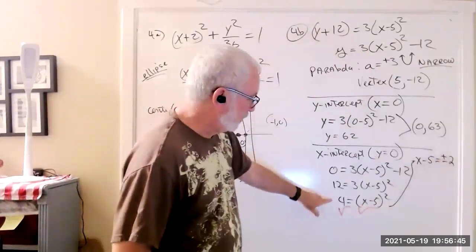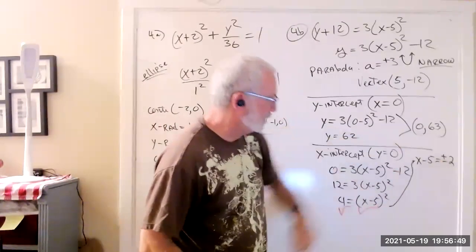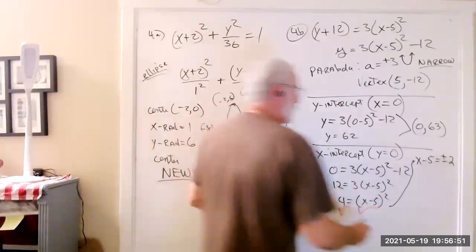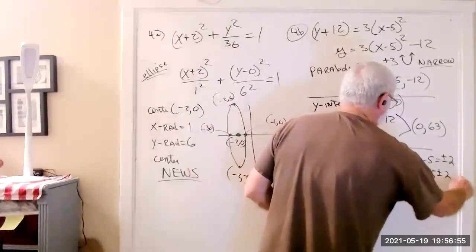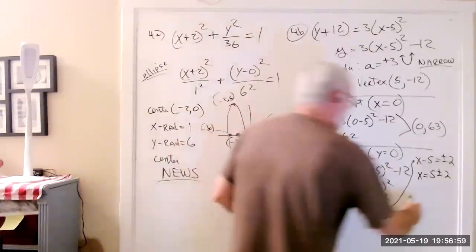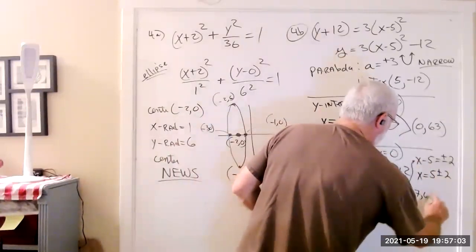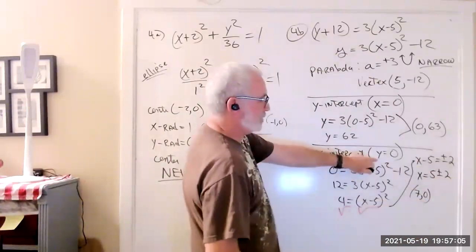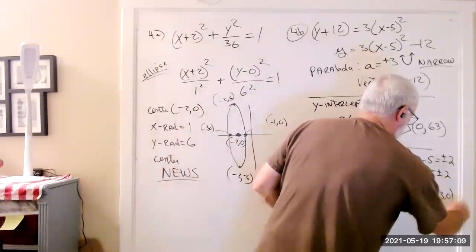The square root of 4 is 2, but when you square root a square, you have to remember that plus or minus. So add the 5: X equals 5 plus or minus 2. So my X-intercepts are either (7, 0), because remember Y was 0, or (3, 0).